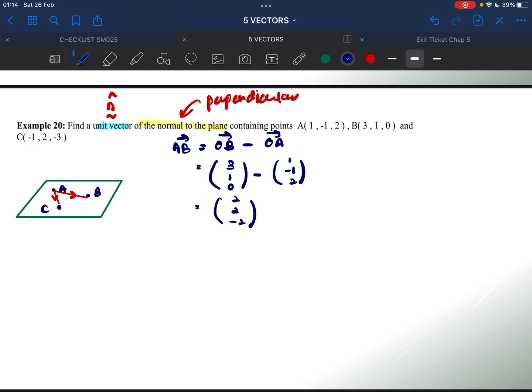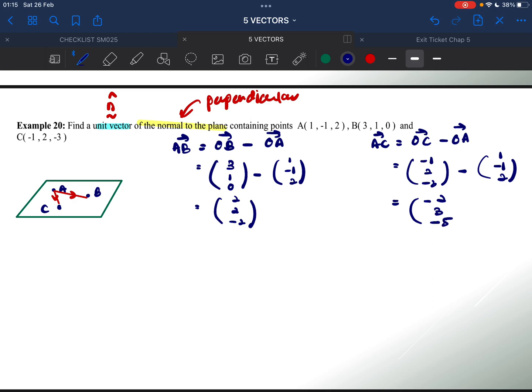Let's find AC. AC equals OC minus OA. OC is negative 1, 2, negative 3, and A is 1, negative 1, 2. Remember OC is the position vector. The direction vector from the position vector O to C. So here we have negative 2, 3, negative 5. Is that correct? Yes.